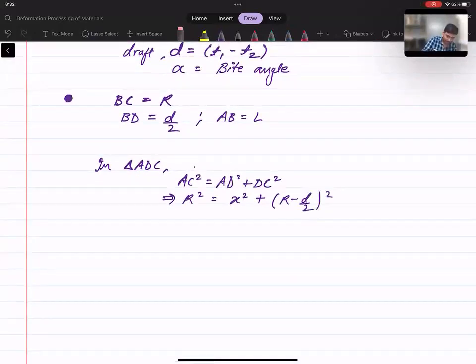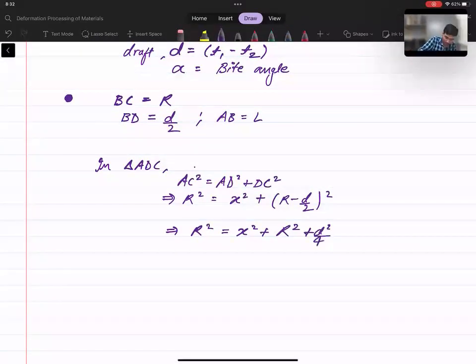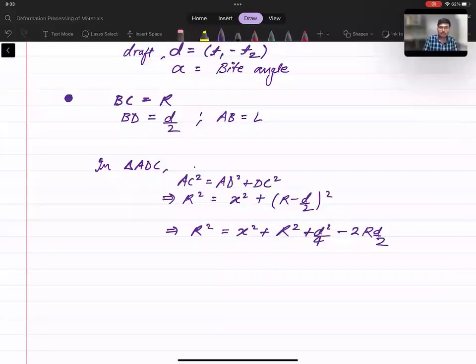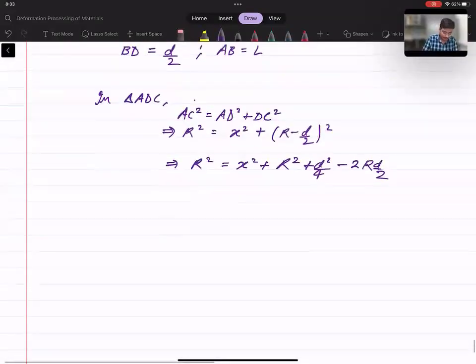So solving or rearranging this, we get R square is nothing but X square plus R square plus D square by 4 minus 2 R D by 2. Simple mathematics. So let us rearrange the equation.